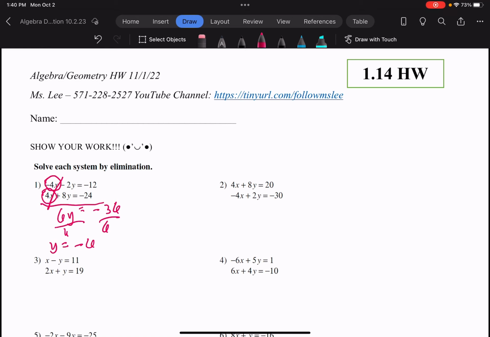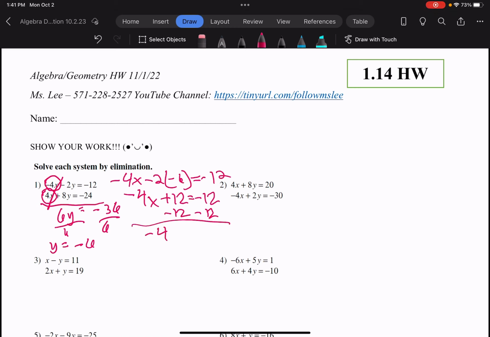Now I can go back and plug that in to solve for x. So if we have negative 4x minus 2 times negative 6 equals negative 12, I'm going to do negative 4x, negative 2 times negative 6 is positive 12, equals negative 12. I'm going to subtract 12 from both sides. We'll get negative 4x equals negative 24, x equals 6.